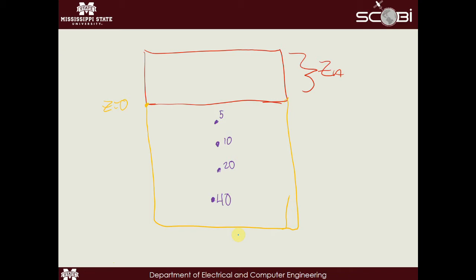We'll check that out once we go into the Excel file and look at it. But between each of these points, the midpoint between 5 and 10 is going to be 7.5. And this is all in centimeters, by the way. We're assuming everything's in centimeters. So between 5 and 10, we have a division of 7.5. Between 10 and 20, 15. The midpoint between 20 and 40 is 30.